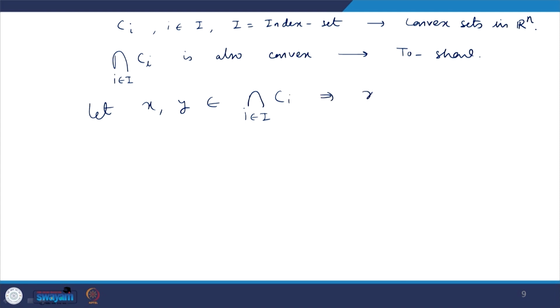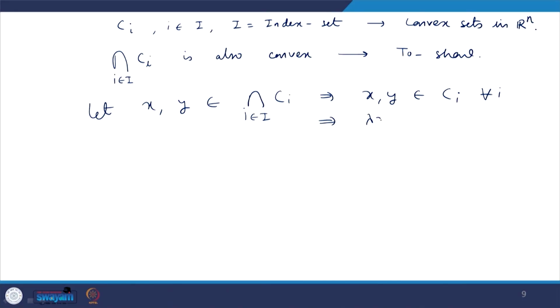So, this implies x, y belong to Ci for all i, because if x, y is in the intersection, that means x, y is in Ci for all i, and this implies lambda x plus 1 minus lambda y is also in Ci for all i, because all Ci's are convex sets.